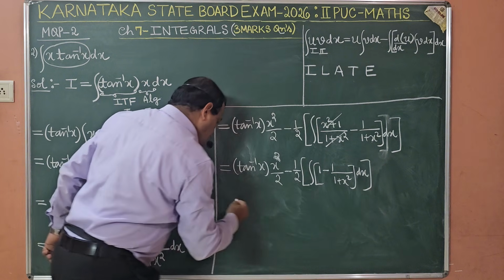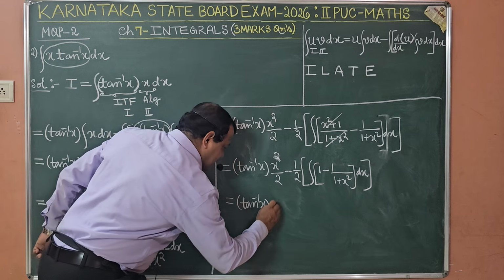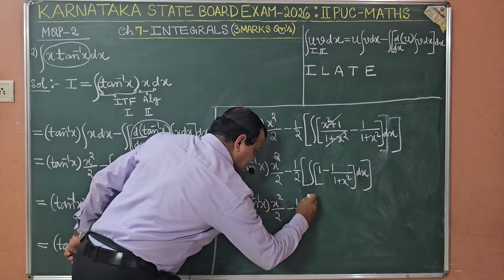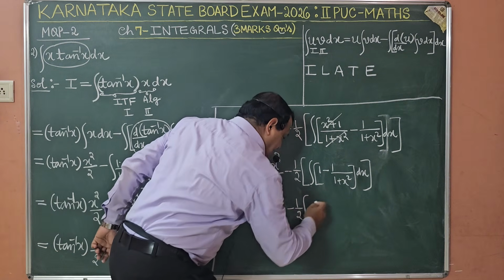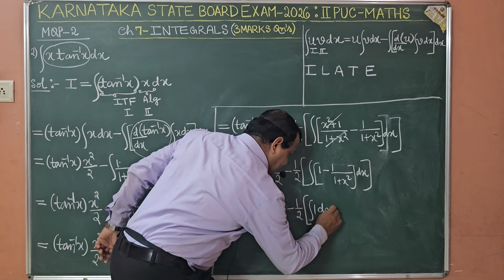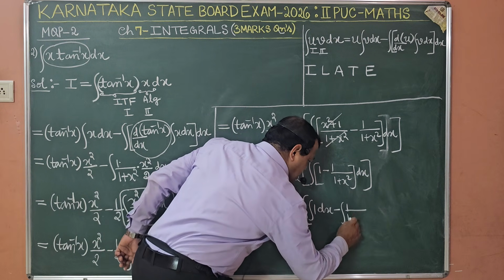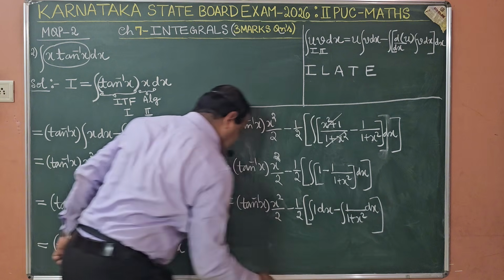Then I will split it into two integrals: tan inverse x into x square by 2 as it is, minus half as it is, and now I split it into two integrals. One is the integral of 1 dx, and minus the integration of the second term, 1 by 1 plus x square dx, and thus we can integrate.